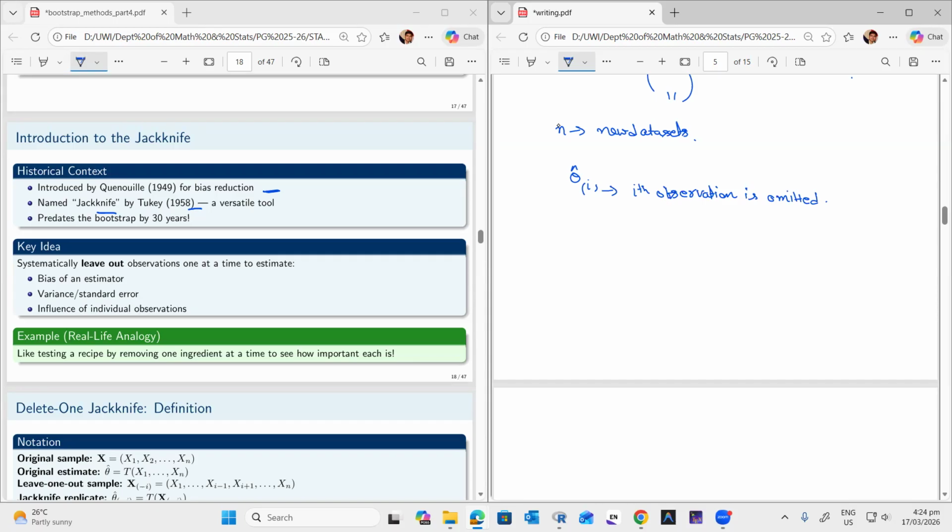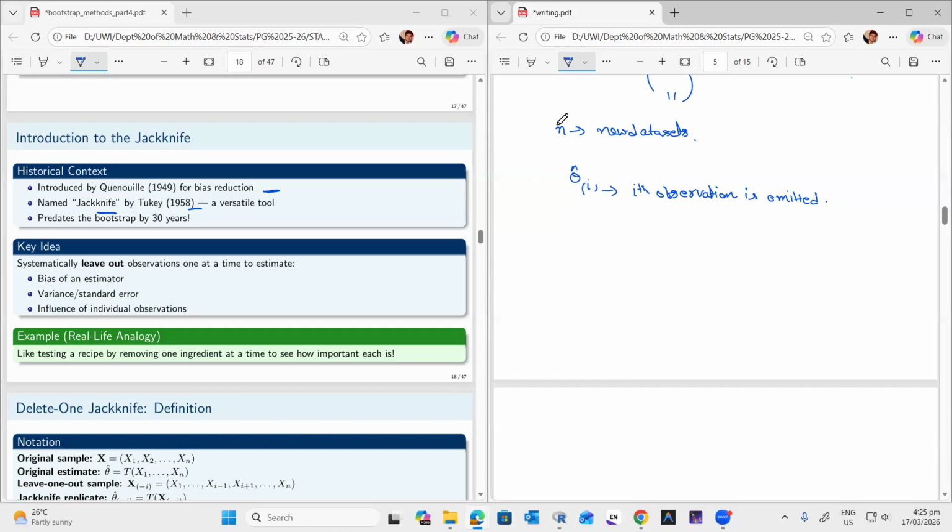So how would you say it? Just take an example from real life. Suppose we have the recipe of a cake, and we want to understand the role of each ingredient like flour, sugar, eggs, etc. in the cake.